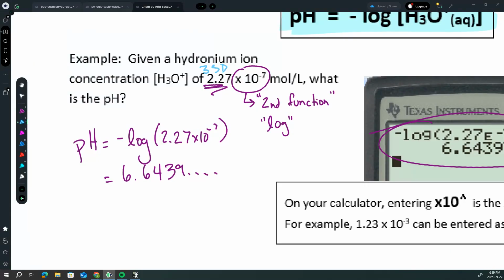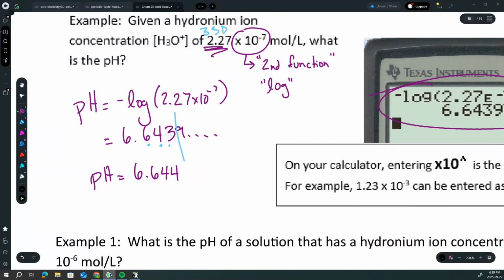So now our pH value has to have 3 sig digs. Remember, pH has a P in it, so we're looking after the point. Our sig digs are going to start counting here. So 1, 2, 3. There's our cutoff line. So pH is equal to 6.644. And I don't need to write any units because pH does not have any units.